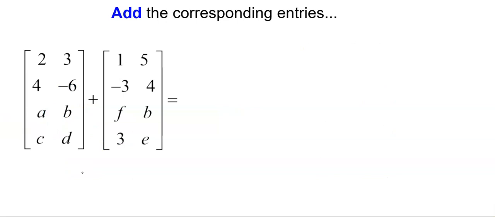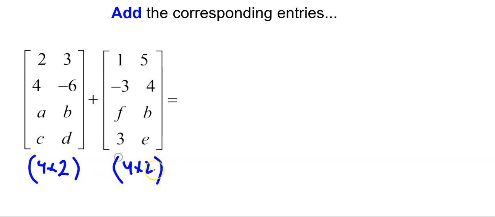Adding these is a piece of cake, probably. It's not that bad. Let's look at what the dimensions of this matrix are first. This is a 4 by 2 matrix, and this also is a 4 by 2 matrix.